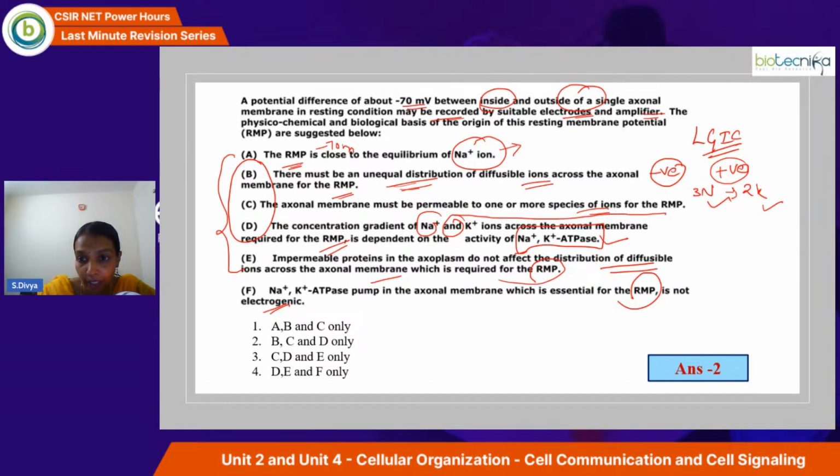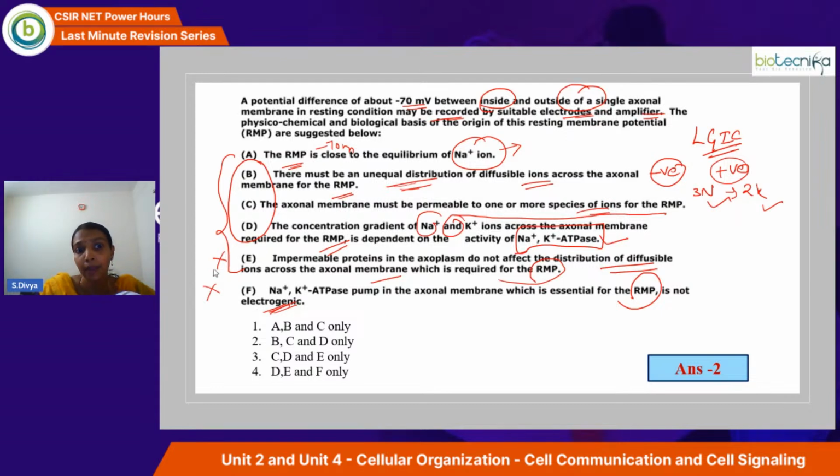See, with this one concept, you can easily get the answers. If you are confident that these 3 statements are true, then E and F hardly matter. It says that it is not electrogenic. How can it not be electrogenic? It is electrogenic, it is generating electric volts, ligand gated ion channels. So obviously this is incorrect. This is also incorrect.